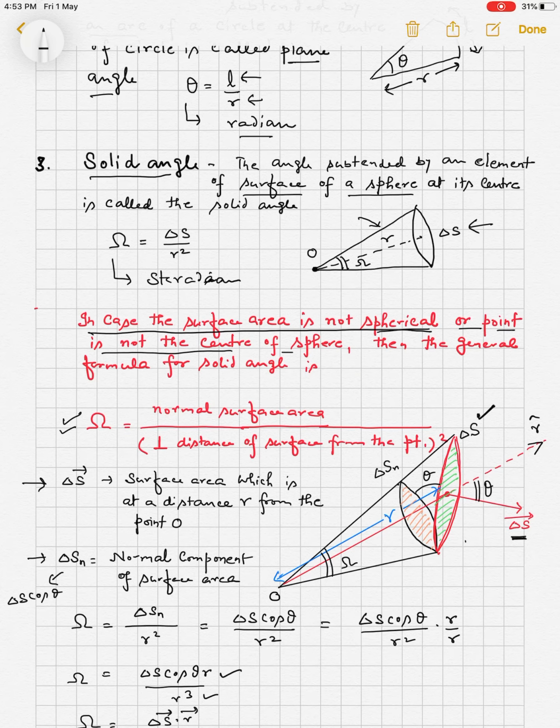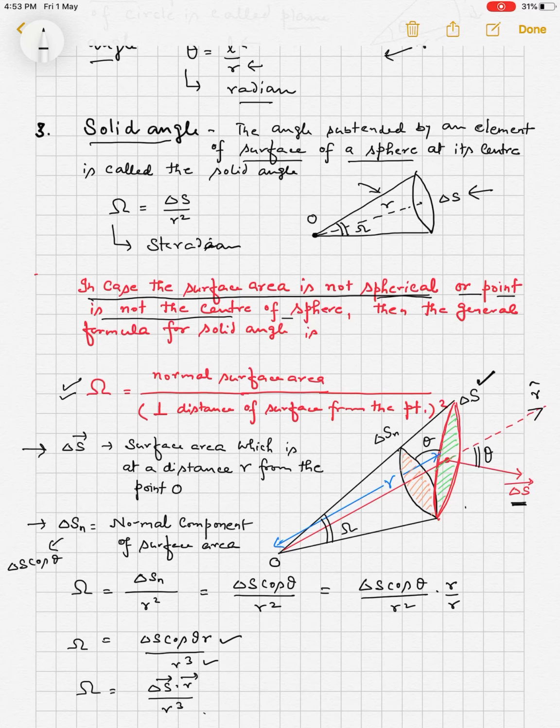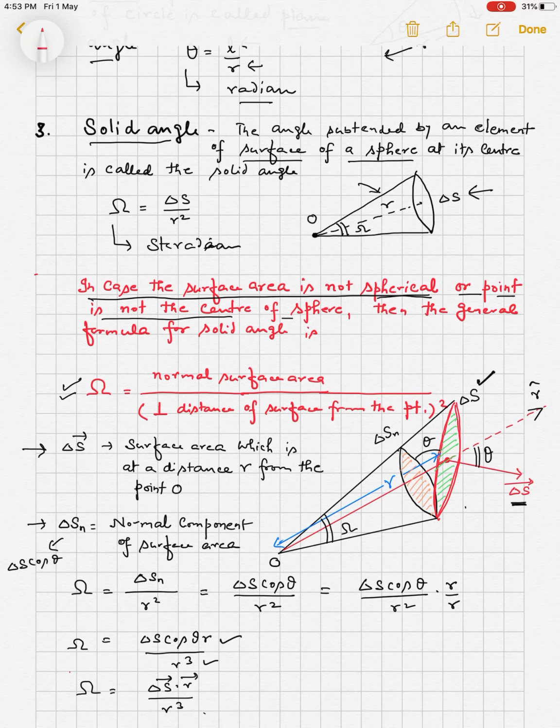The quantity is like AB cos theta, so it is the dot product. So omega equals delta S dot r upon r cube. This is the formula in vector form of solid angle. Here delta S is the surface area of the element and r is the position vector of this surface element from the point O.